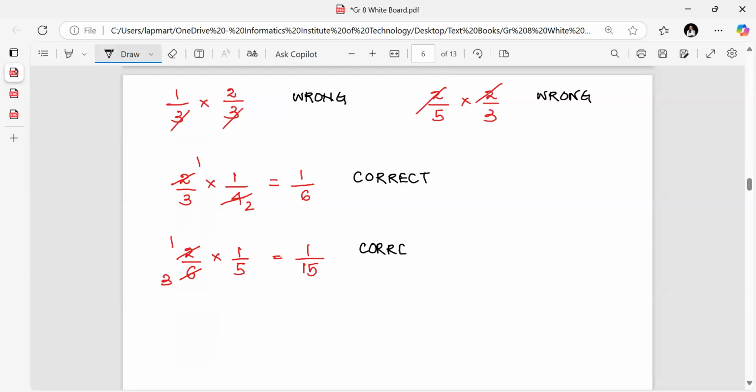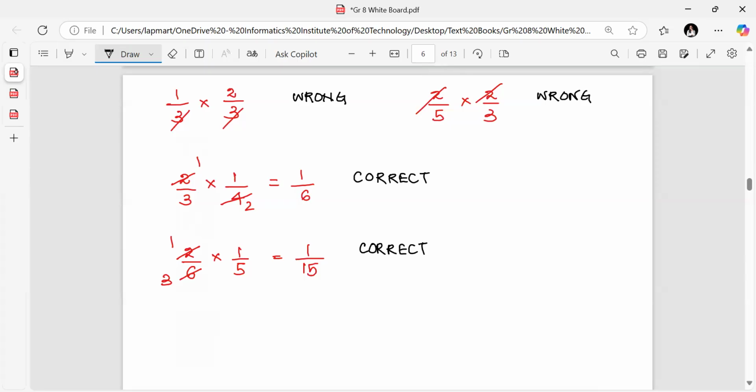If they are in two different locations, and you are selecting those numbers from the two fractions or from the same fraction itself, it doesn't matter. The importance here is you have selected two numbers to simplify from two different locations, either from the same fraction or from the other fraction. The most important thing when you are selecting a number to simplify like this is that they should be in two different locations.